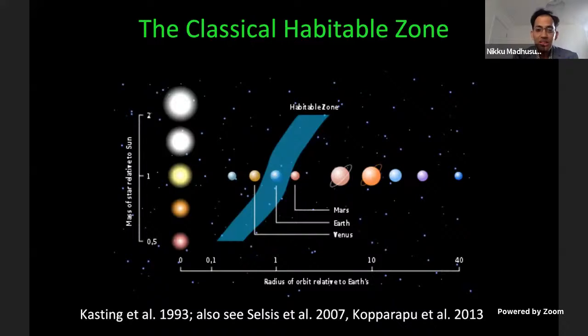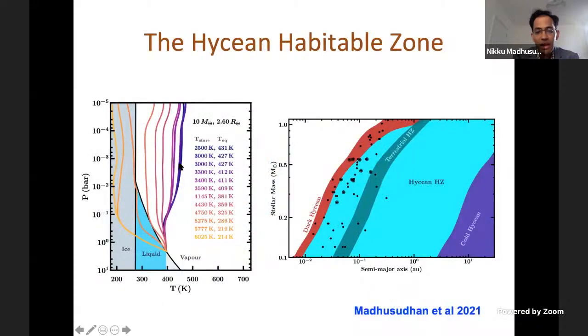What this revises is that we have this as the classical habitable zone that we all know from numerous studies. But if you consider these sorts of planets, we call them Hycean planets, large planets around M dwarfs, we can go all the way up to 500 Kelvin. As I said, in this case, for day and night side habitability, you can go up to 430 Kelvin and still have habitability.